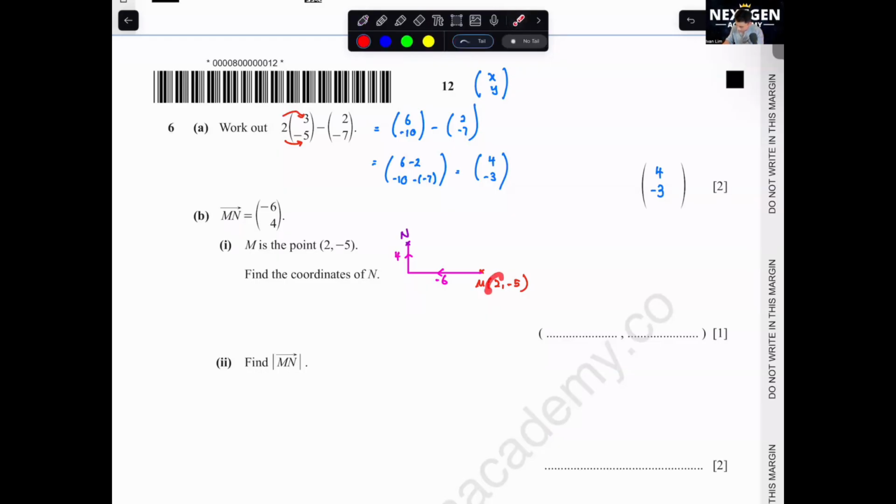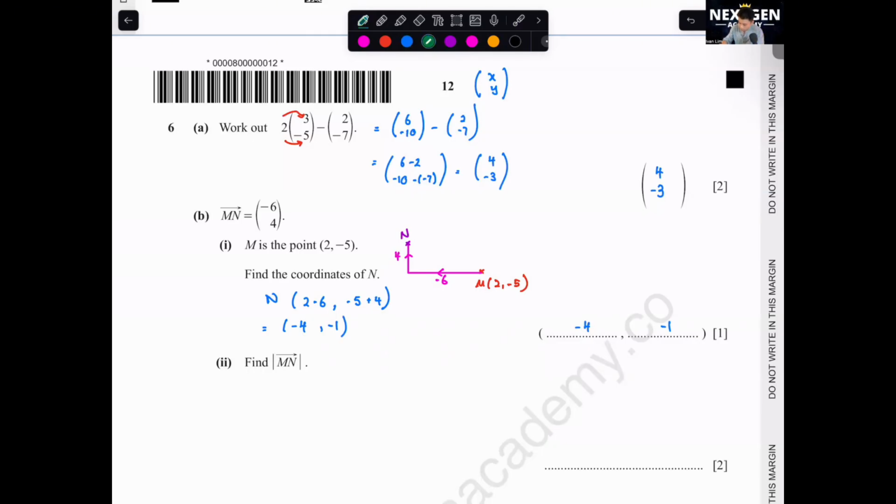We're going to take the x, you minus 6, then the y, you add 4. Okay, so to get the coordinates of N, we'll take 2 minus 6, minus 5 plus 4, which will get minus 4, minus 1. Okay, minus 4, minus 1.